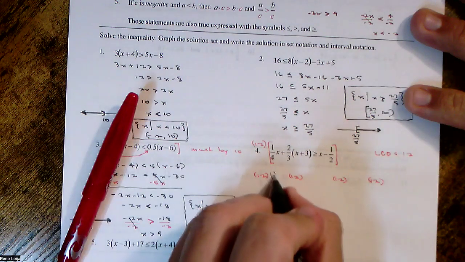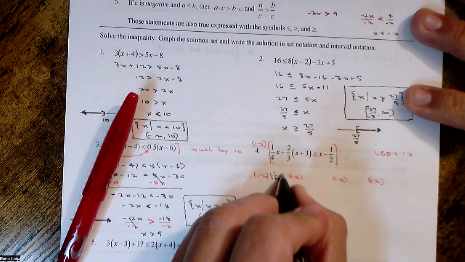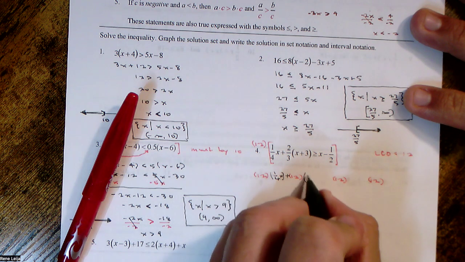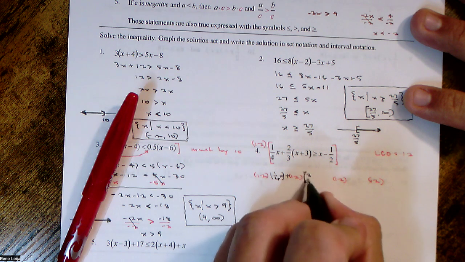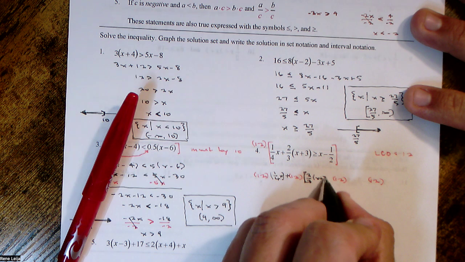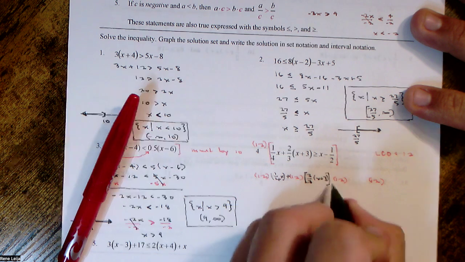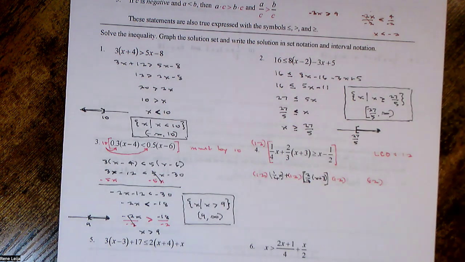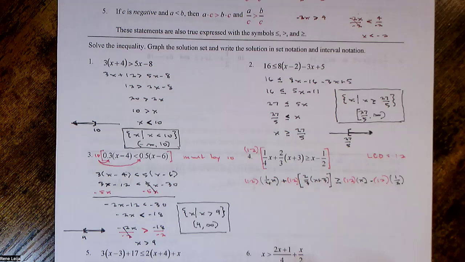So 12 times 1/4 x plus 12 times 2/3 times x plus 3 is, I need to move this over. Actually, hang on. I'm going to pause this real quick and rewrite this.